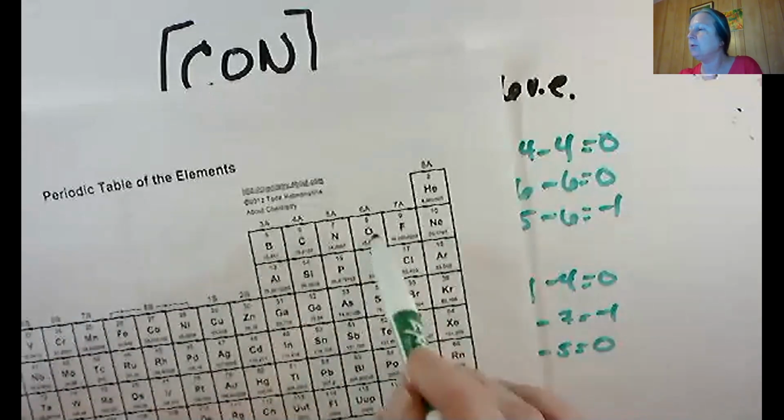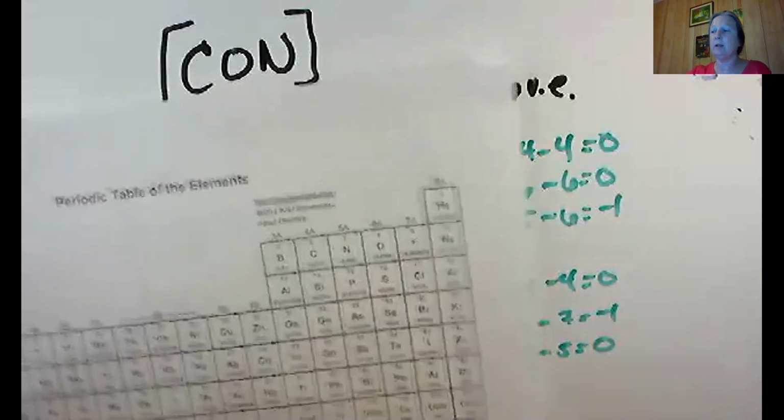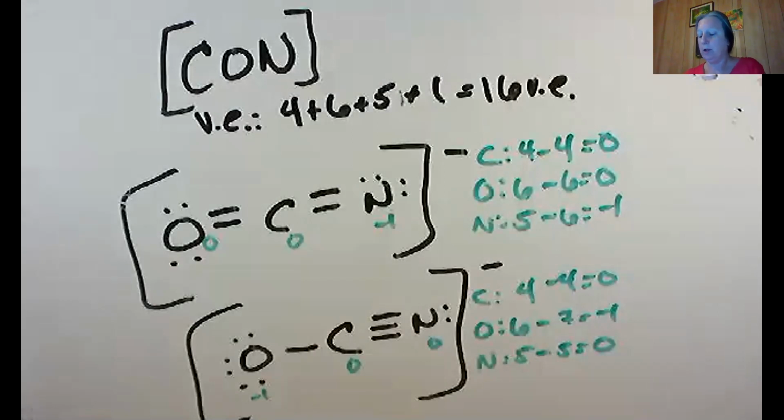Oxygen is further to the right, it is more electronegative. Therefore, the lowest energy structure is the one with the negative formal charge on the more electronegative atom. And so it's this one. This is actually the preferred structure. It's the lowest energy, and this is how we determined it, by using formal charge. So it's bookkeeping to assign the lower energy structure.